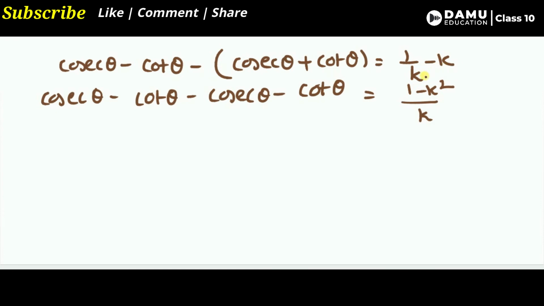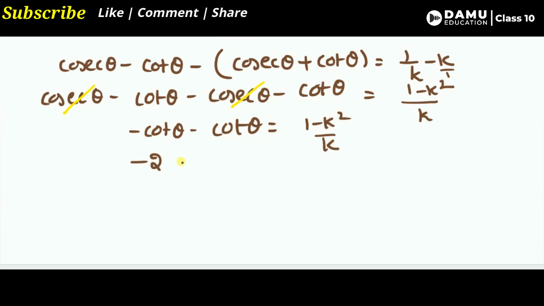To get this, we multiply the numerator with k. Cosecant theta cancels with cosecant theta, and then minus cot theta minus cot theta. That will be equal to 1 minus k square by k. So minus 2 cot theta will be equal to 1 minus k square by k.